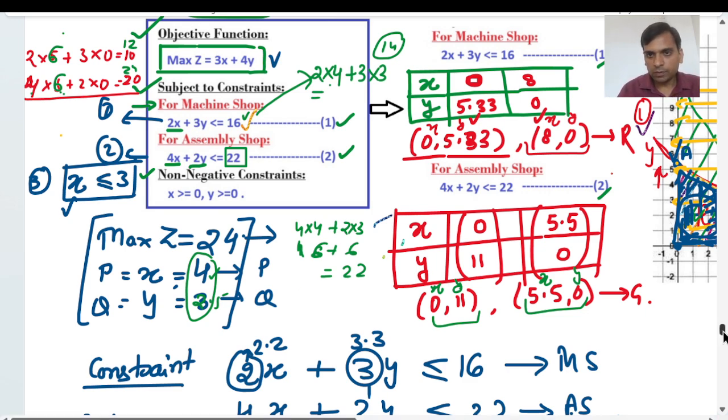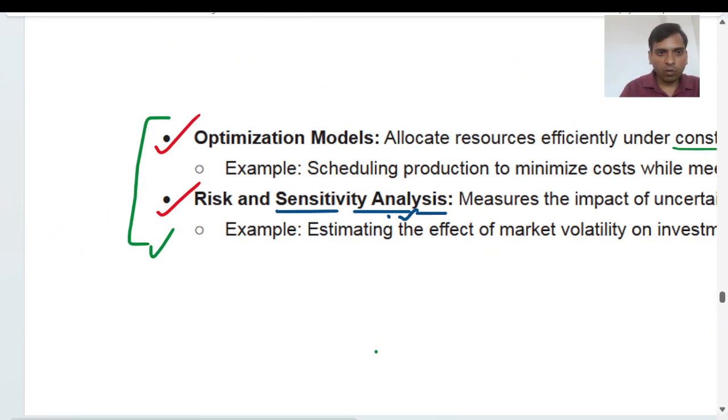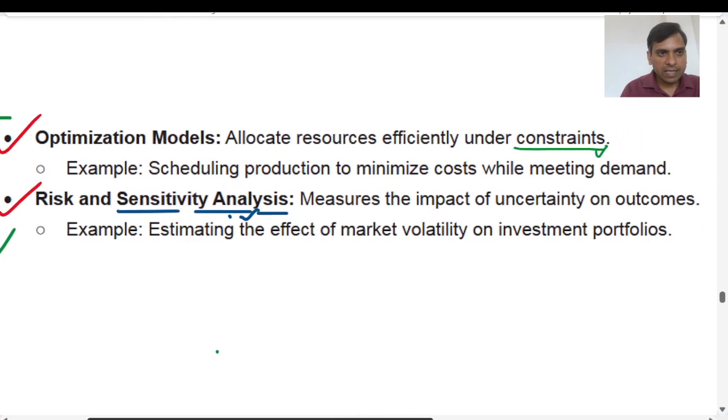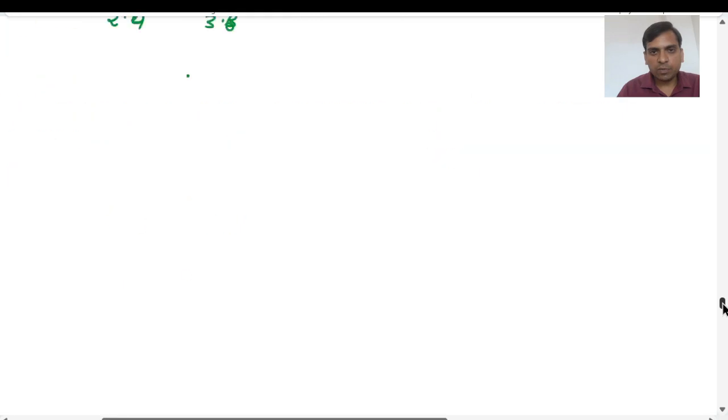Now, we have already discussed sensitivity analysis: measure the impact of uncertainty on outcomes. So we have replaced this value 2 by 2.2, 3 by 3.3, or if we increase these quantities by 20%, we can take this as 2.4 and this as 3.6 in the constraint part.